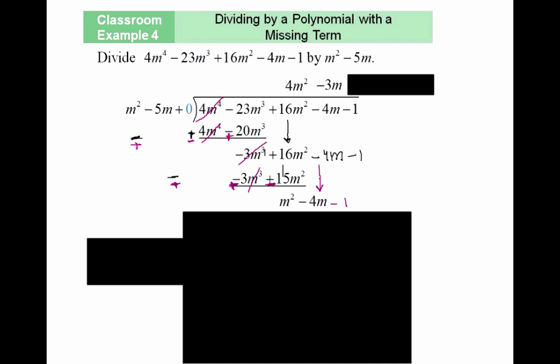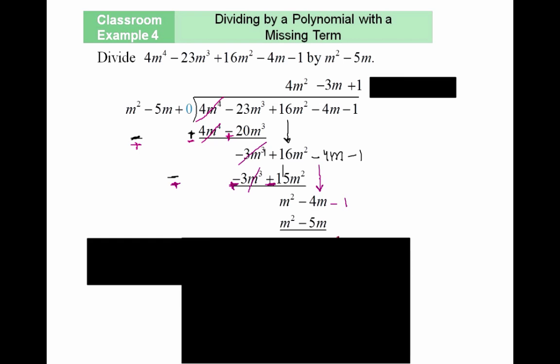All right, the next step is, what times m squared gives me m squared? 1. 1 times m squared would be m squared. If I multiply 1, I would get m squared minus 5m. Now I need to find the remainder again.